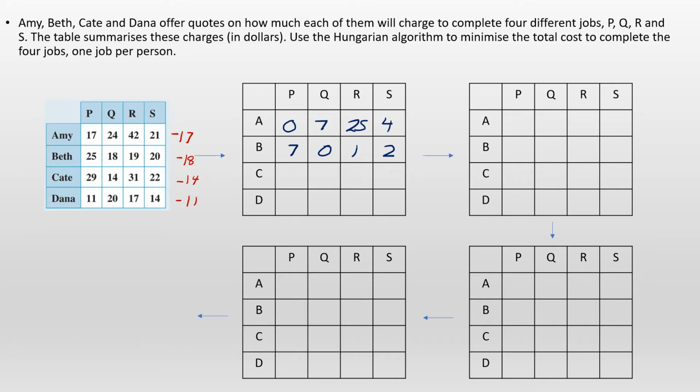Third row, we have 15, 0, 17, and 8. So we've subtracted 14 from all of them. And finally, last row, subtract 11 from each number, which leaves us with that.